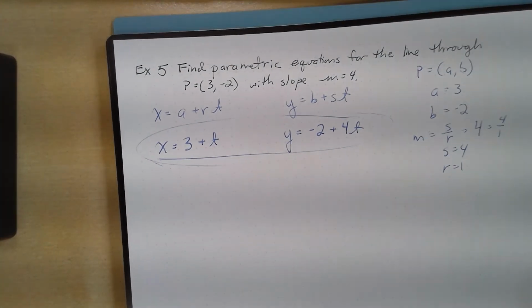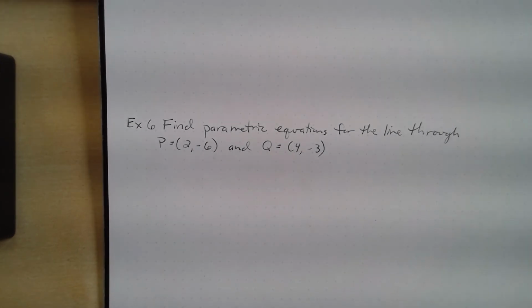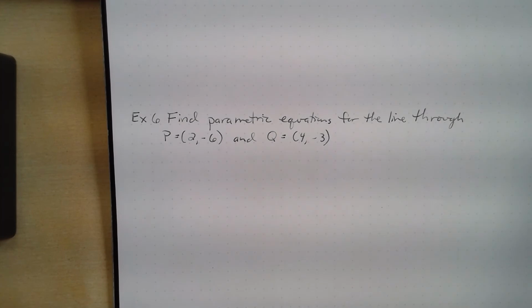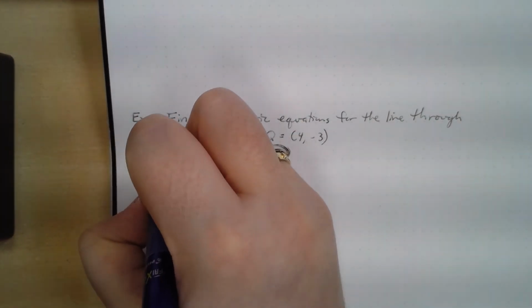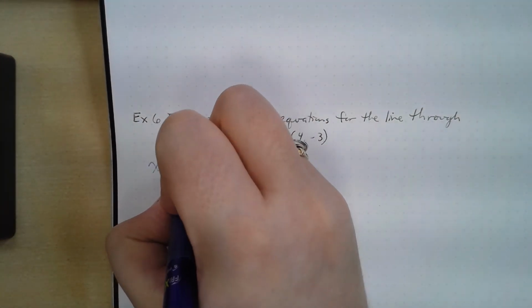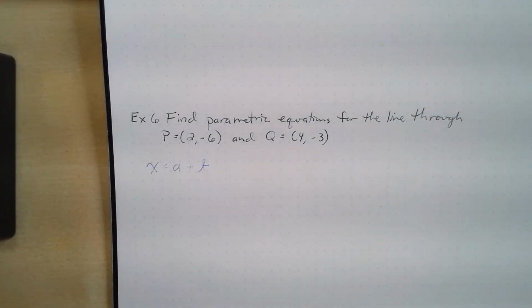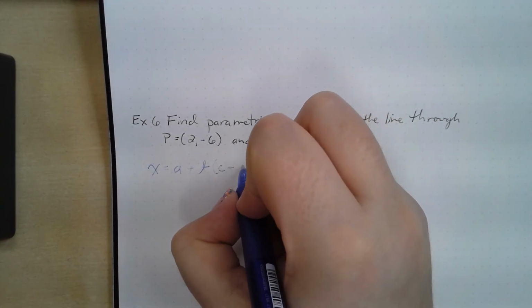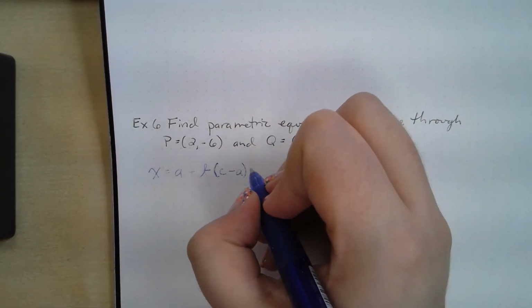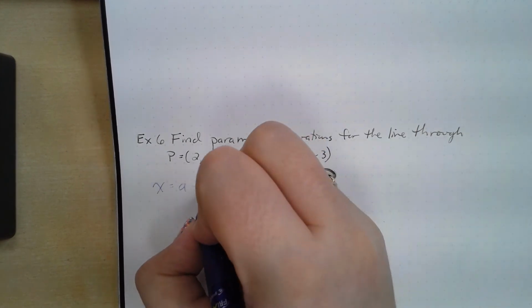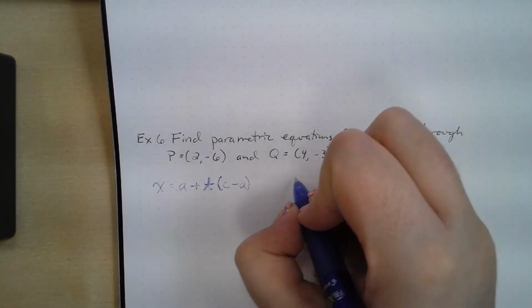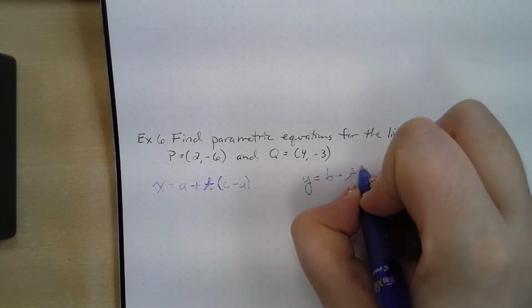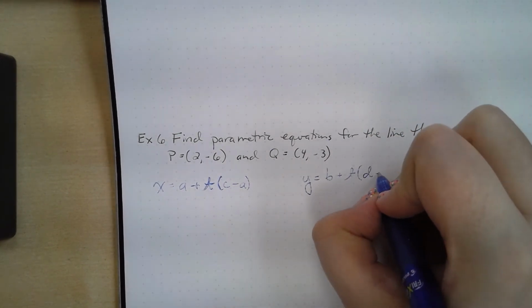Right. Let's do another one, but this time through 2 points. We're given P equals (2, negative 6), and Q equals (4, negative 3). Well, again, our formula is from the previous page. x equals a plus t times c minus a, and y is equal to b plus t times d minus b.